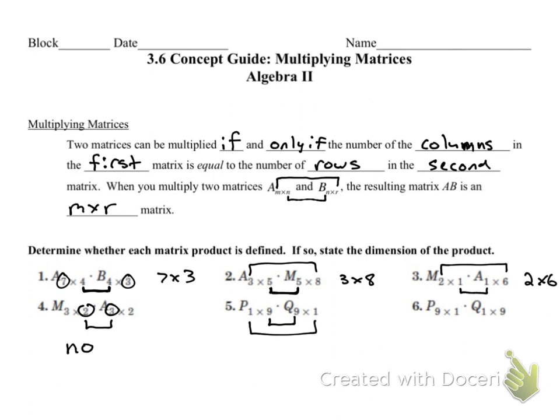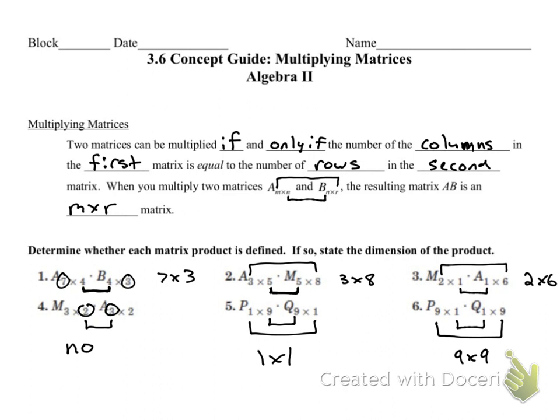Yes. And the resulting dimensions would be 1 by 1. Number 6, can you multiply them? What would be the resulting dimensions? 9 by 9.